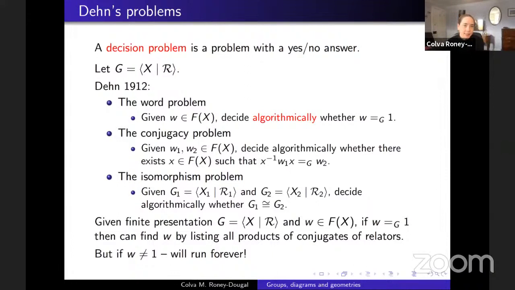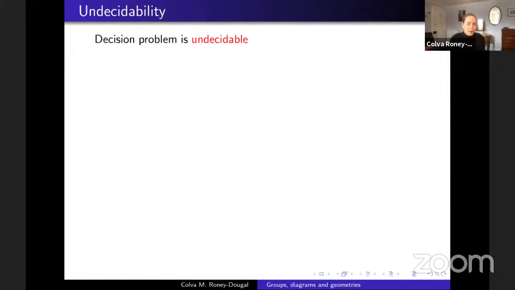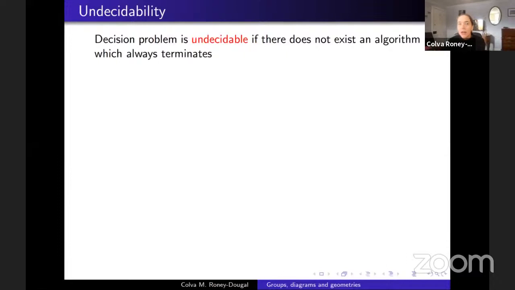Right, so Dehn asked this in 1912, which is before computing. So let me move on to probably one of the biggest topics in early 20th century mathematics. So a decision problem, one of these yes-no problems, is undecidable if there's no algorithm which always terminates with the right answer in finite time. So if there is no such algorithm.